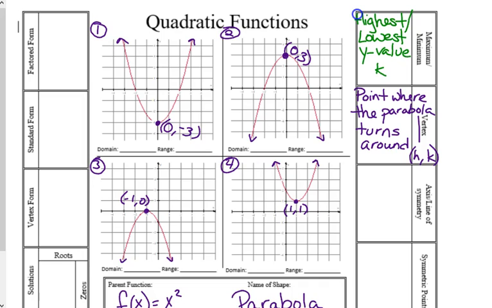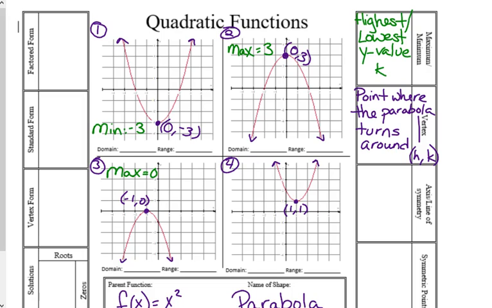This is our k. So for number 1, our minimum is -3. For number 2, our maximum is 3. For number 3, our maximum is 0.